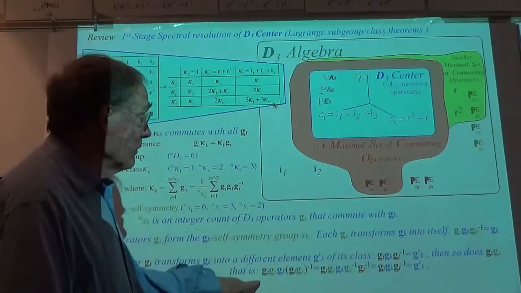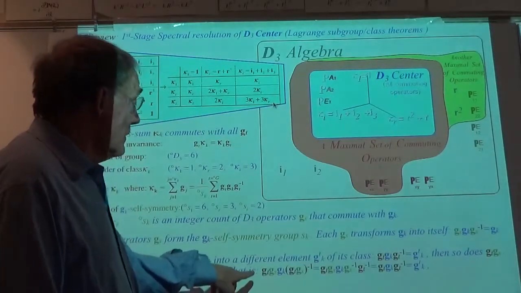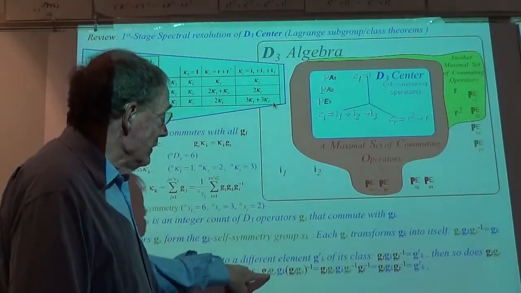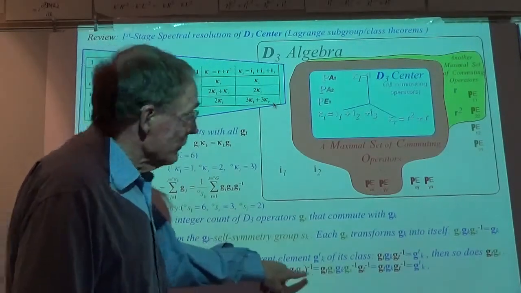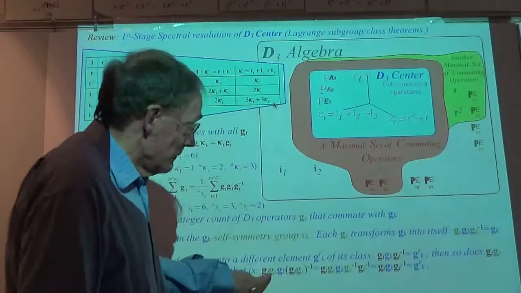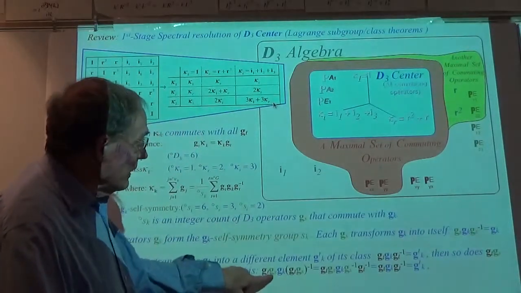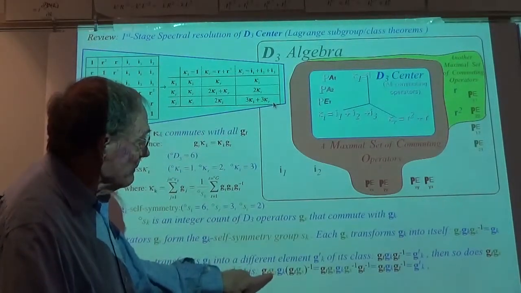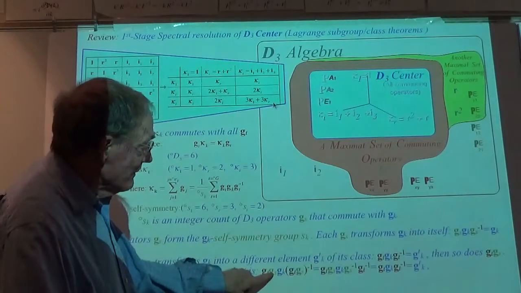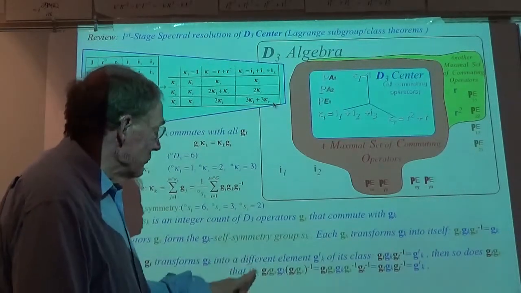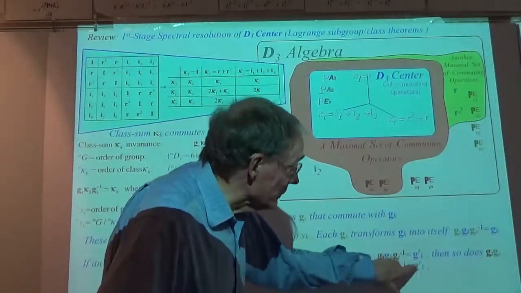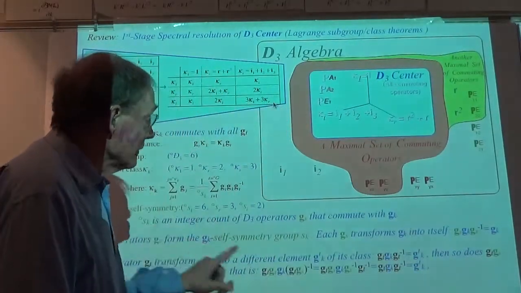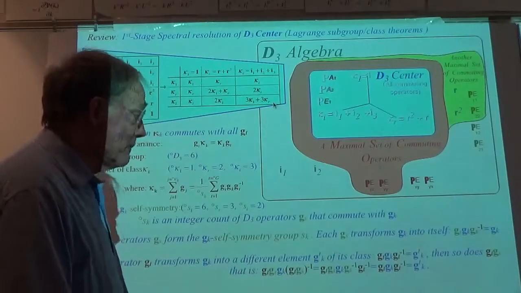And the idea, of course, is that you could do this transformation to get this other element maybe several different ways. Whatever the number of self-symmetry operators there are, just glom it onto that GT and it's guaranteed to give you that particular element of the class of GK.